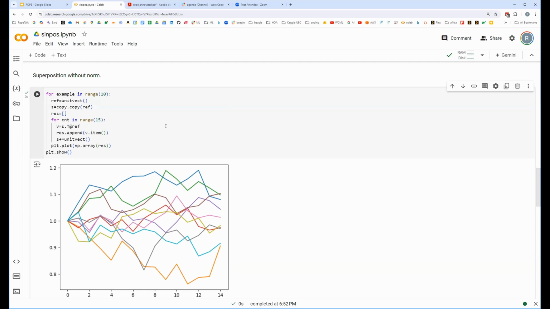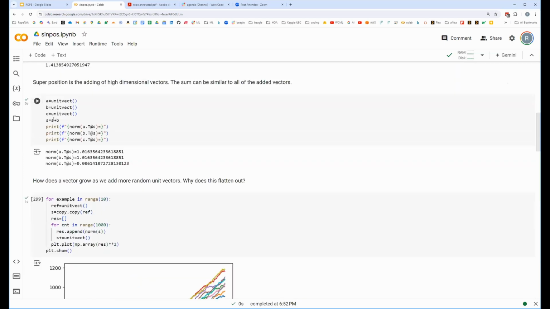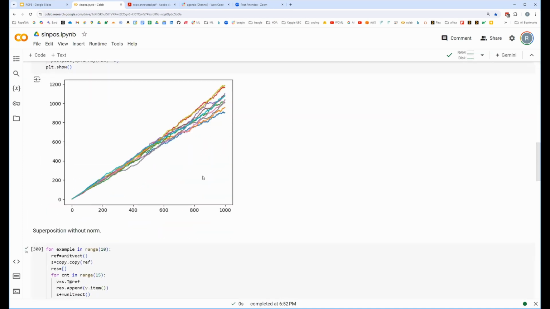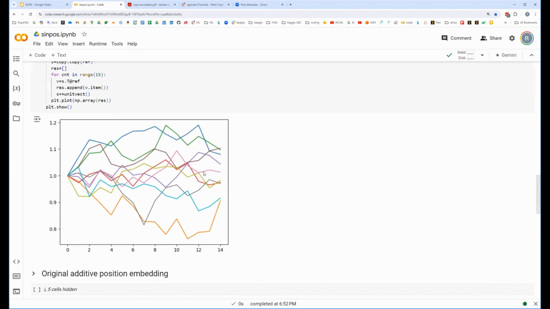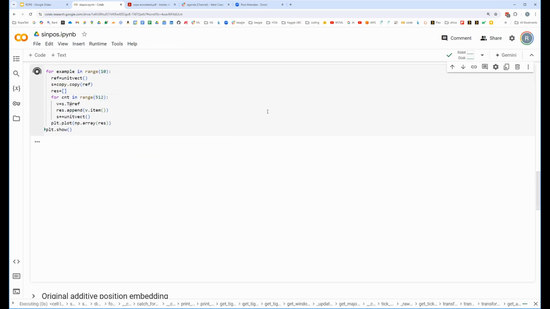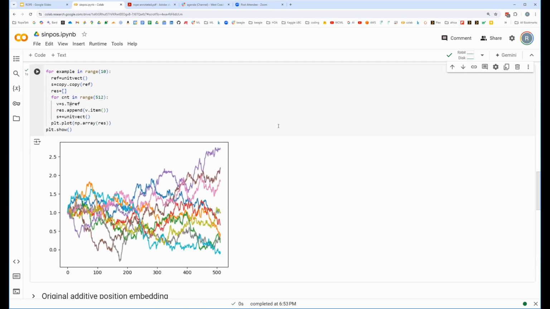These are 1,000 long vectors, right? I thought the model dimension was 512. Yes, 512 is the model dimension. So if D is 512, you're going to be able to pack quite a few in there. Okay.